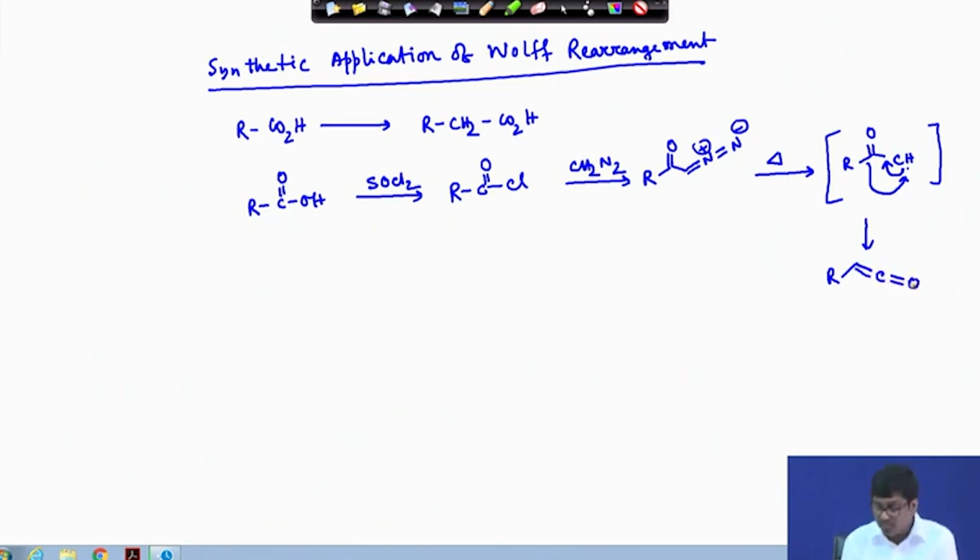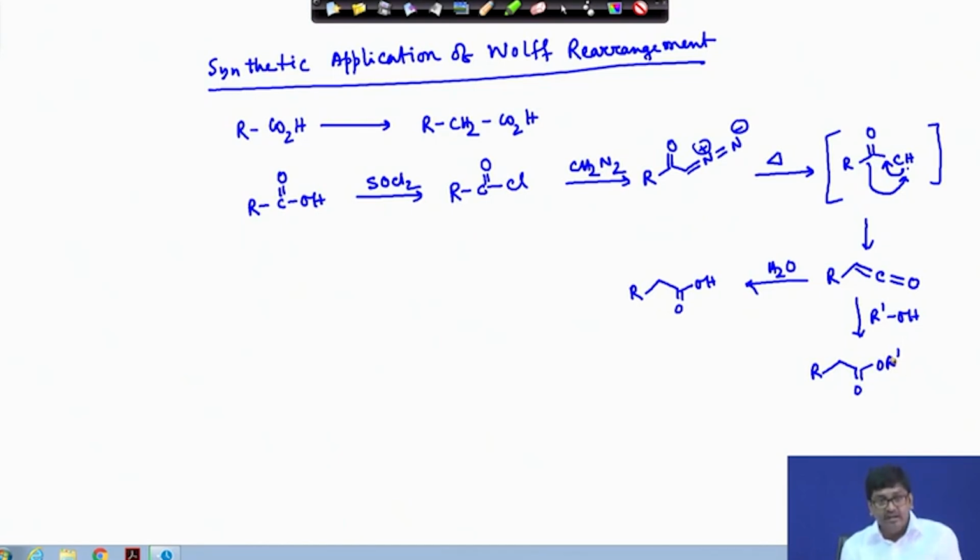Now, if we have water as a nucleophile, then we get the corresponding carboxylic acid with 1 carbon extra. Similarly, if we take R prime OH, that means alcohol as the nucleophile, then we will get the corresponding ester with 1 carbon more.